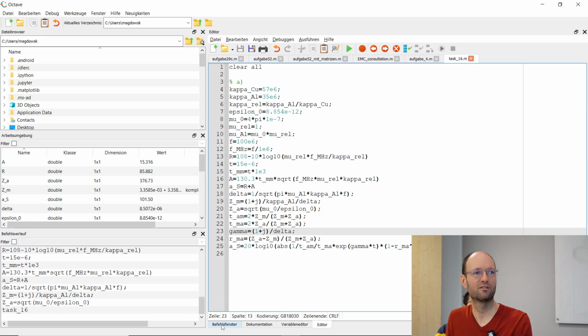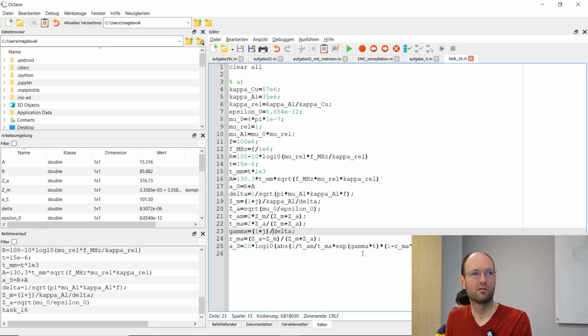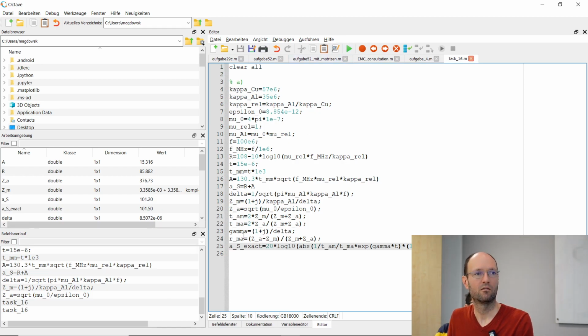Let's run it again, and so this was the result here. Maybe leave it like this and call this exact. And maybe don't escape the output here.